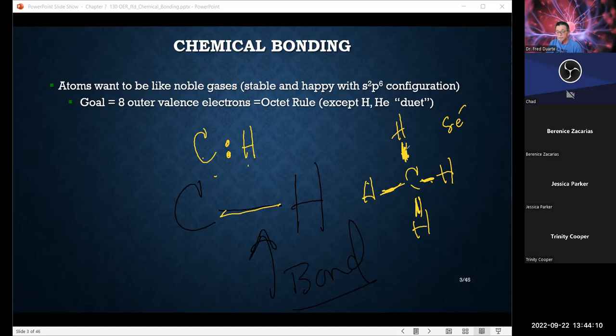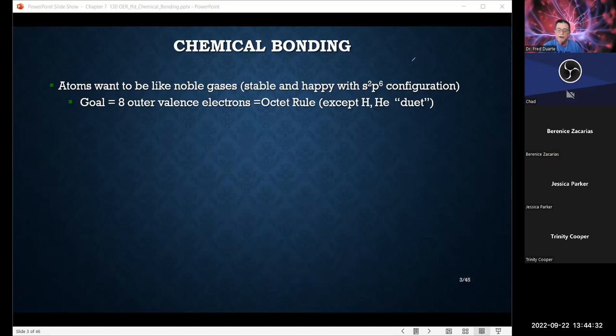So when we count them as being shared, these 2 here count for the hydrogen and the carbon. Okay. And there's 8 around carbon, hence the octet. So when we start writing formulas, we always have to make sure that the octet is fulfilled, all right? And the duet is fulfilled for hydrogens.